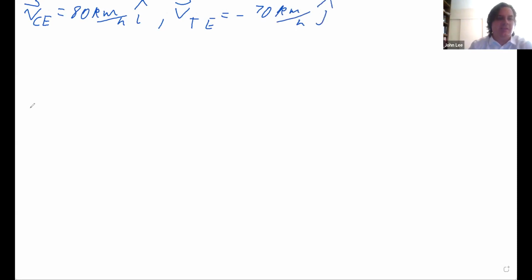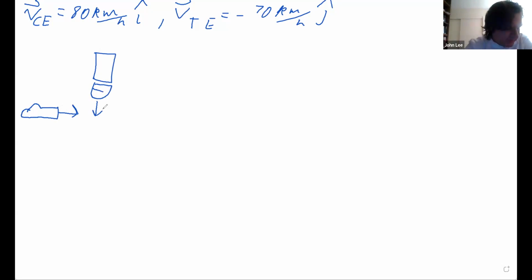So basically what you're seeing here is a car, that's a pretty bad car, going along up here, and then there's a big truck going along down here. And you want to be able to tell what the velocity of the car is, or appears to be, relative to the truck.